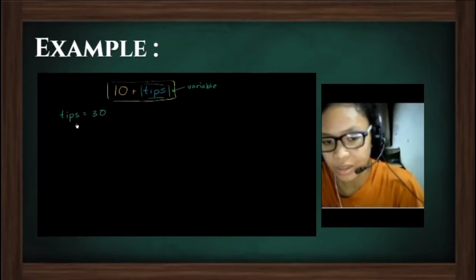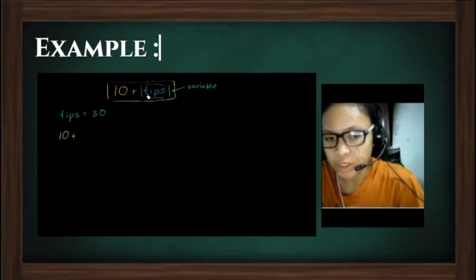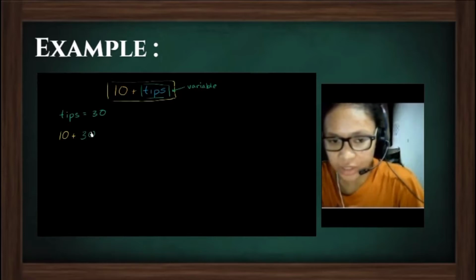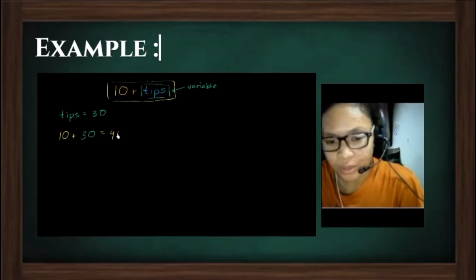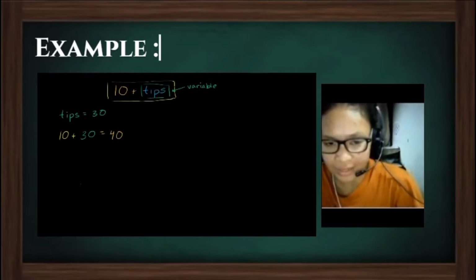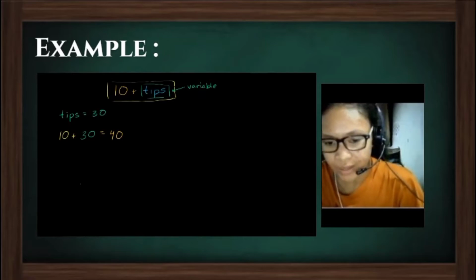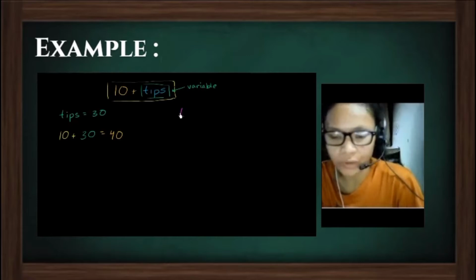For instance, let's say the tips I get is $30. Using the expression, we have 10 from the expression plus the tips I get, which is $30. So we're going to have 10 plus 30, which is equal to 40. So $40 is what I get in that hour. Right after that, let's say the restaurant slows down out of the lunch hour for whatever reason.